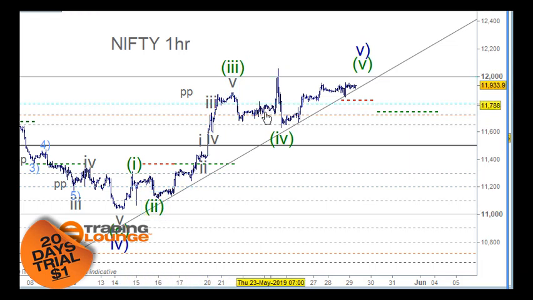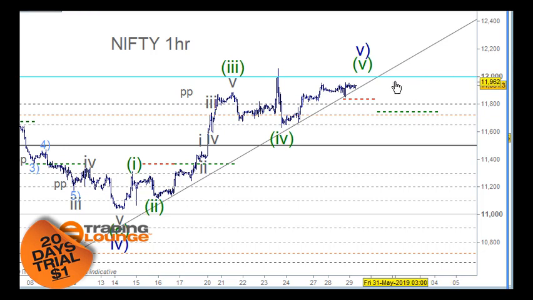I wasn't clear about all this here. It didn't really pan out very well, but in the end I looked at putting wave 4 here as an expanded flat, an A and a B and a C here, and then looking for 5 waves up here to 12,000. So also too, I've moved the stop today from down here to here.